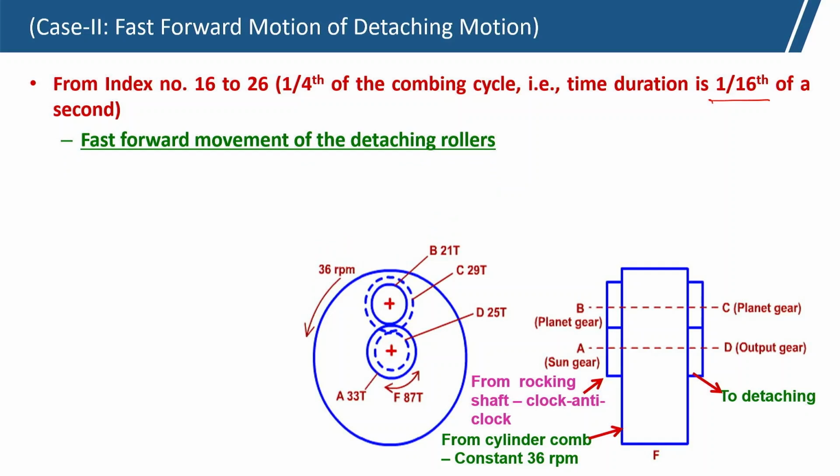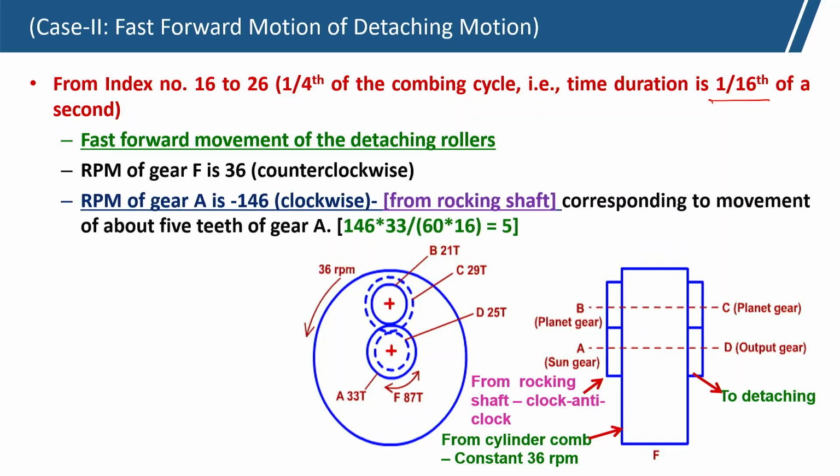So, fast forward movement of the detaching rollers there, RPM of the gear is again same plus 36 counterclockwise, and from the gearing system at 260, so 240 nips per minute.